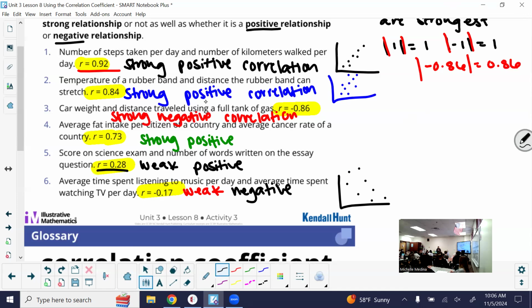Out of the ones I highlighted, so the ones that you already decided are strong, weak, positive, negative, which one would be my strongest R value? Out of these highlighted options.